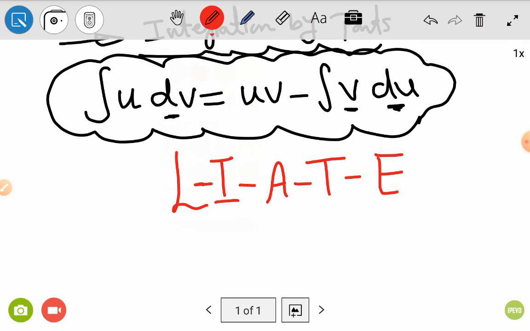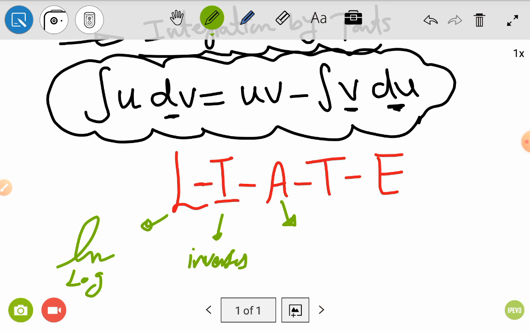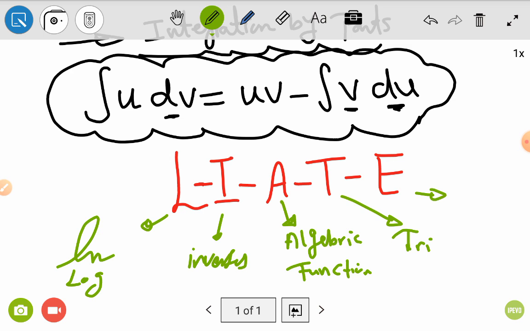L stands for ln and log, logarithms. I stands for inverses, like tan inverse, sine inverse, and so on. A stands for algebraic functions, and T stands for trigonometric functions like tan, cosine, sine, and so on.